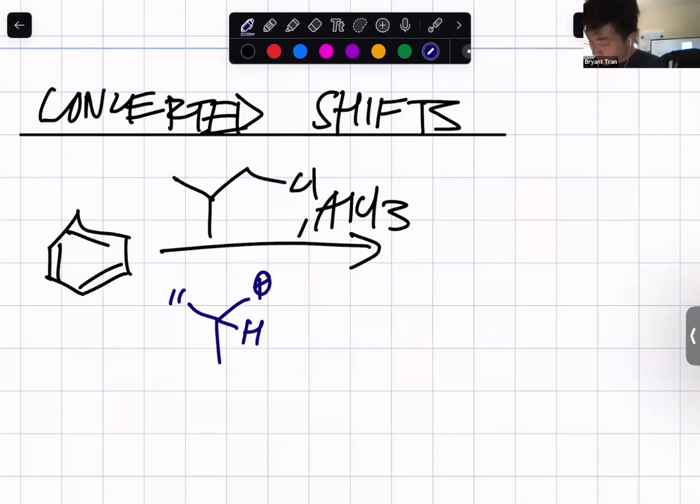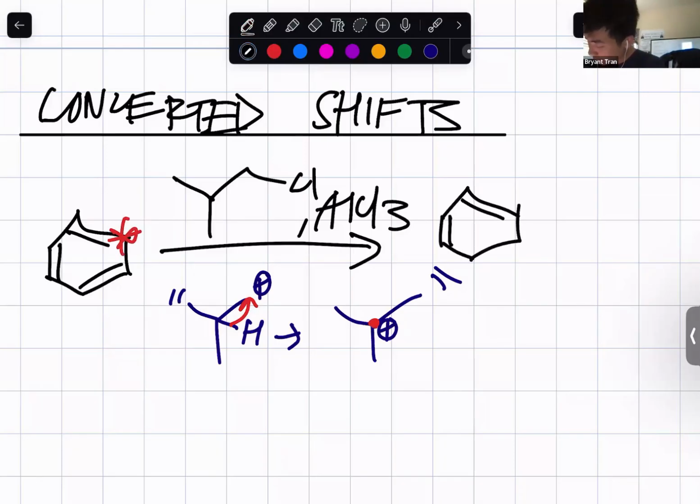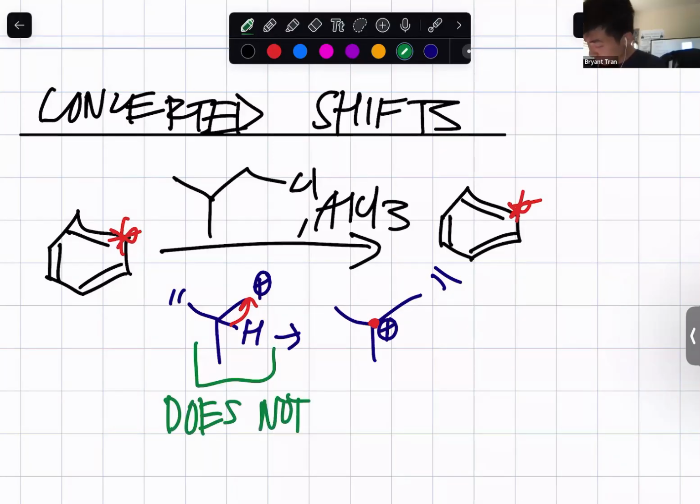We see that we could do a hydride shift to form the more substituted, more stable carbocation, which is this tertiary position right here. And just to predict the product quickly, connect the nucleophile and electrophile to get our product like that. But this right here does not get formed in the mechanism.